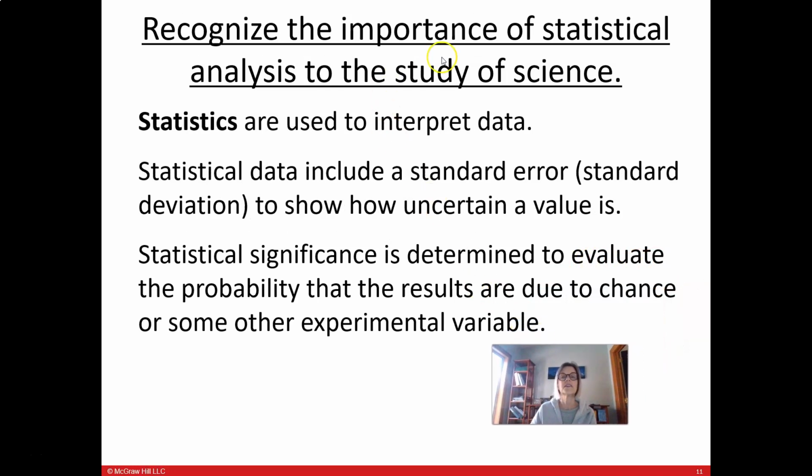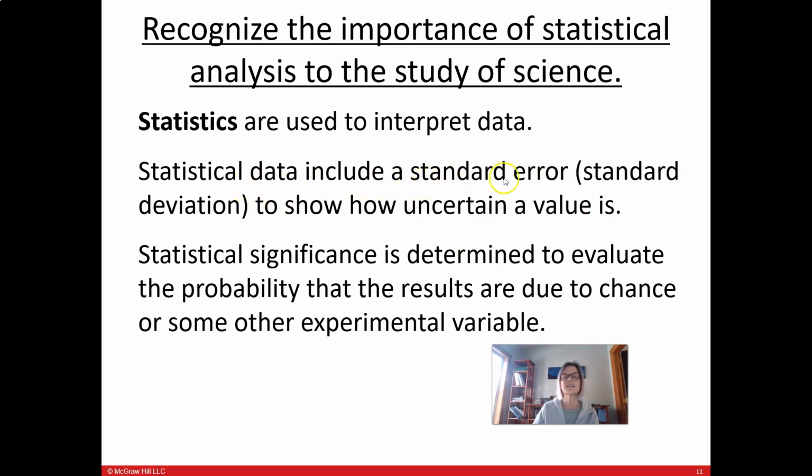Related to data, another objective is recognize the importance of statistical analysis to the study of science. So statistics are mathematical formulas used to interpret data, and they're a way to analyze our data to see how certain it is, how likely it is.